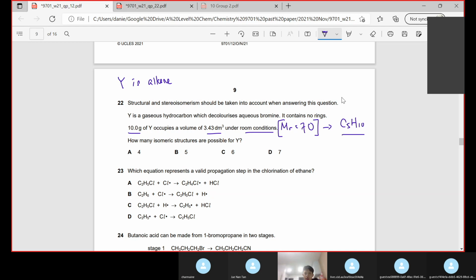Then you can draw the structures based on this molecular formula. And remember, no rings. For this question, let us move to the whiteboard.